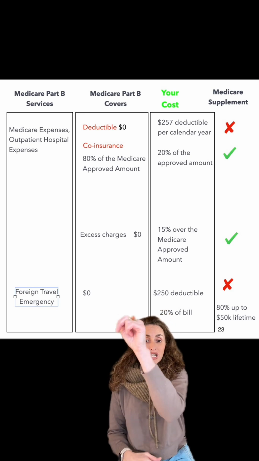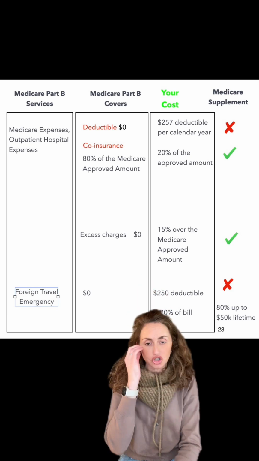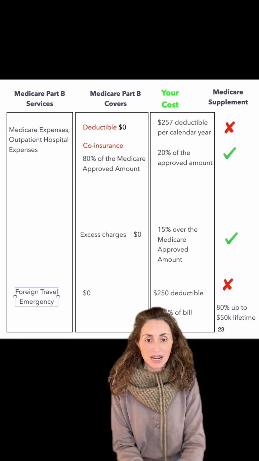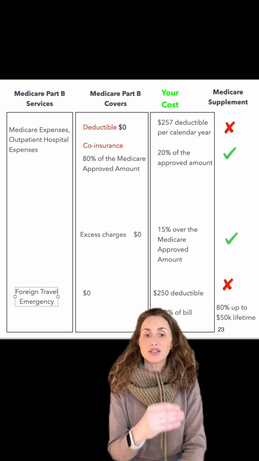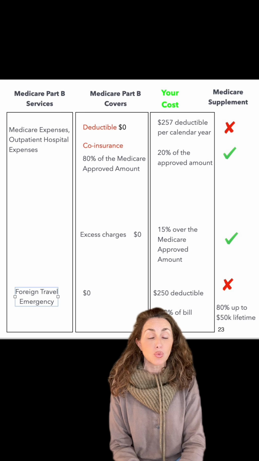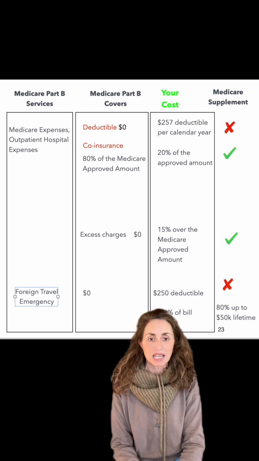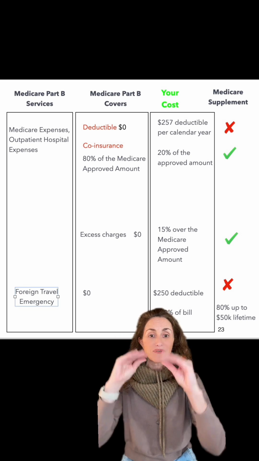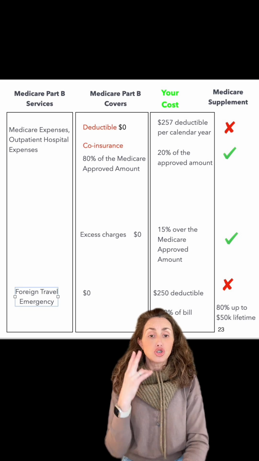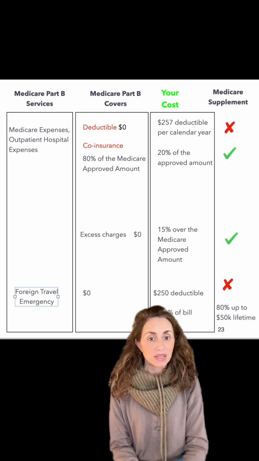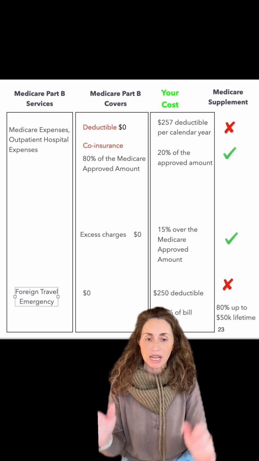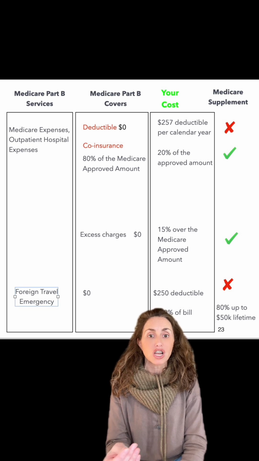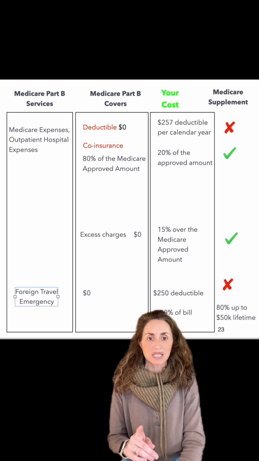Another benefit to understand is right here up above me, excess charges. So what am I talking about here? Well, 98% of the doctors who work with Medicare do something called accepting assignment. So that means that whatever Medicare pays, they accept. If they charge $1,500, Medicare pays it at $1,000, that $500 is waived. 2% of the doctors out there, and they say maybe a lot of them are psychiatrists, I don't have an exact list, do something where they can charge an excess charge because they don't accept assignment.